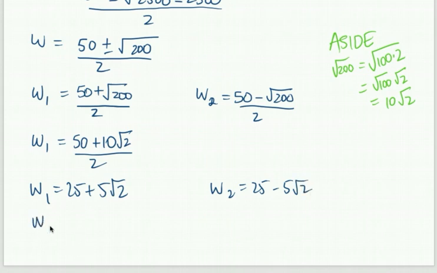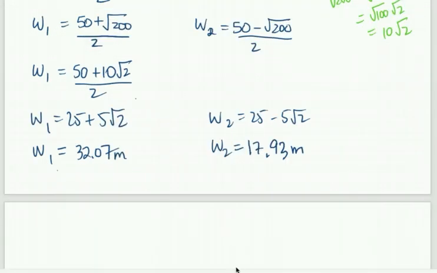Okay, so now let's get them to decimals here. If I take 25 and add 5 root 2 to it, I'll get 32.07 meters, and then this other one will be 25 subtract 5 root 2, which ends up being 17.93 meters.